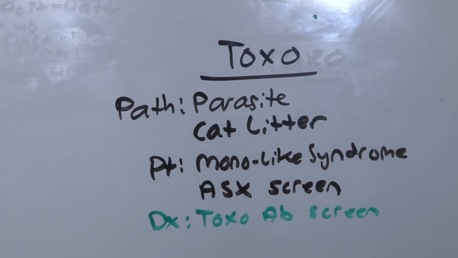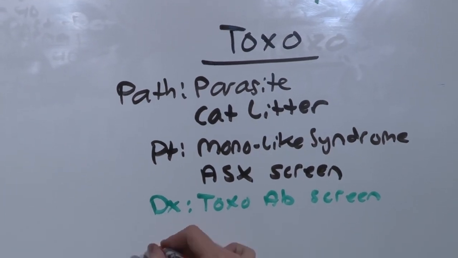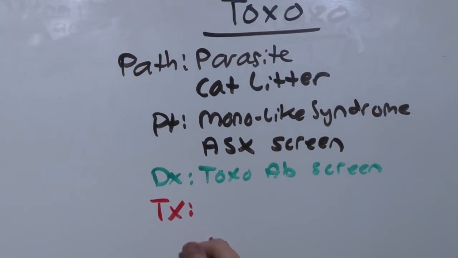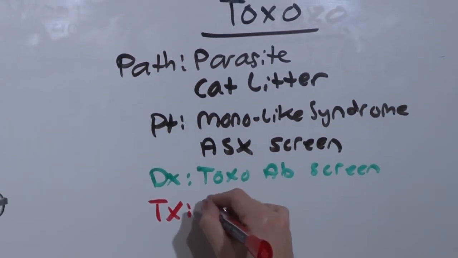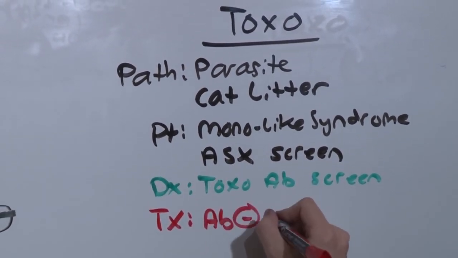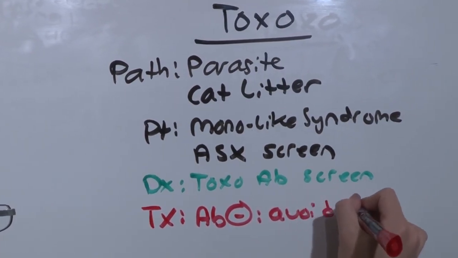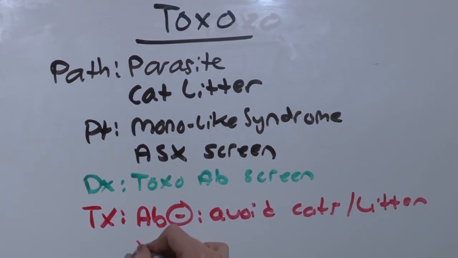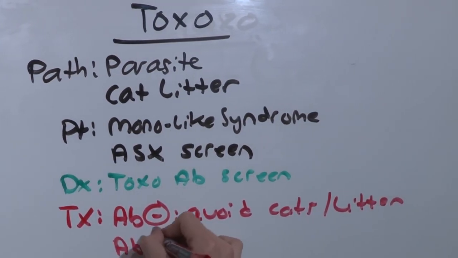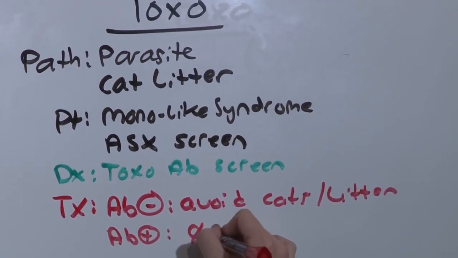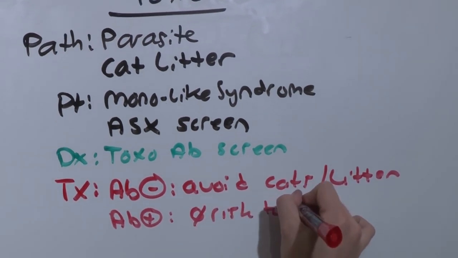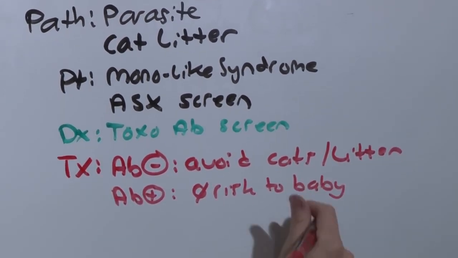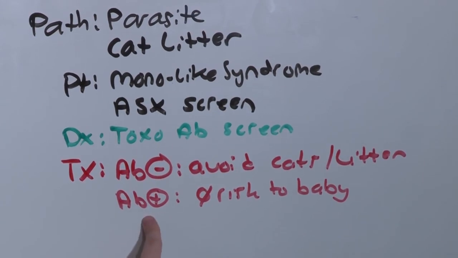We have no treatment for the primary infection. So the treatment for mom who is antibody negative is to avoid exposure. So you avoid cats and cat litter. If she is already antibody positive before getting pregnant, there's no risk to baby, because if mom comes in contact with toxo, she's just going to destroy it.